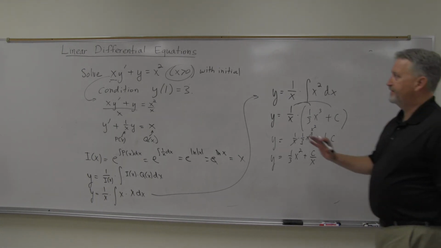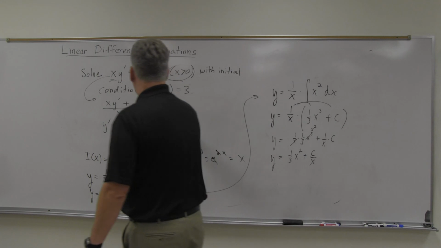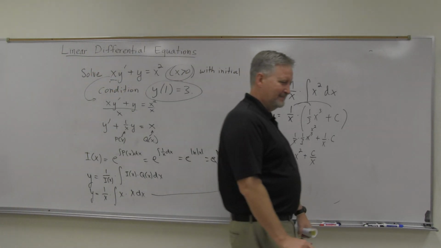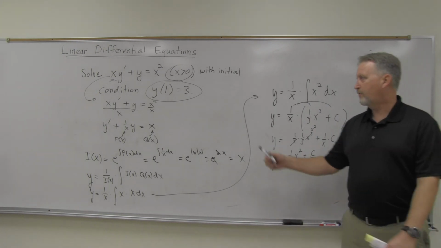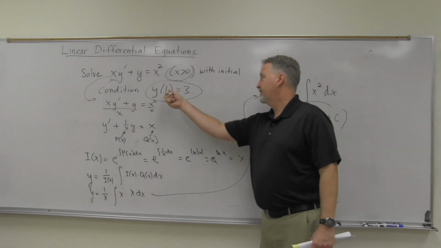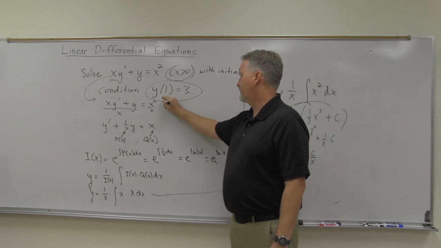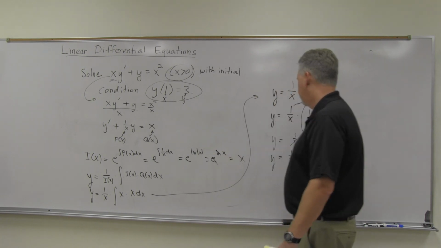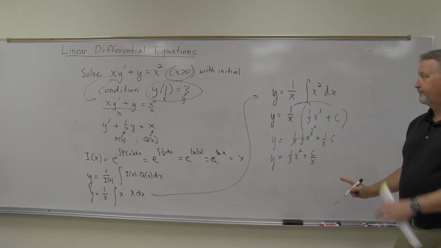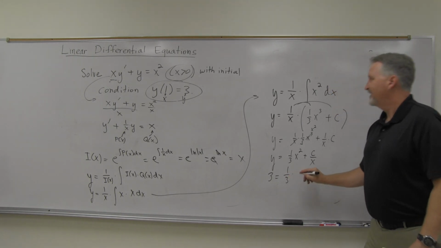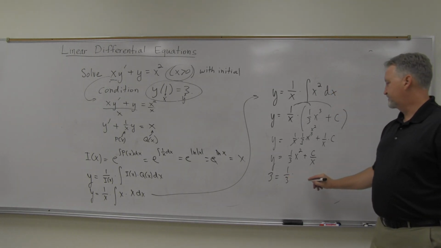However, we can't stop because we've got this initial condition. Initial conditions means one more step on this. And remember, what we're going to do is figure out what the c specifically is, because we've got an x and a y value that we can plug in here. X is 1, y is 3. Plug those in, we can figure out c. Let's do that. Y is 3, x is 1.